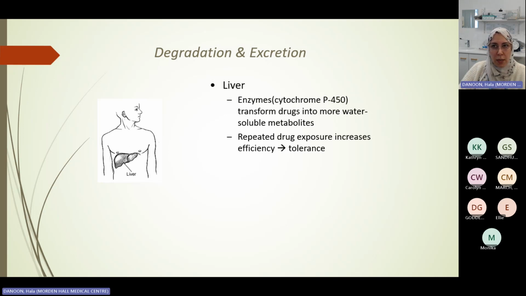If you take diazepam or any of the controlled drugs, with repeated exposure to this medication, sometimes we end up with tolerance where the dose has to be increased.